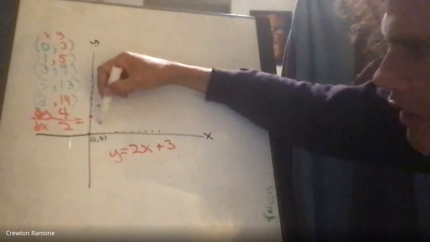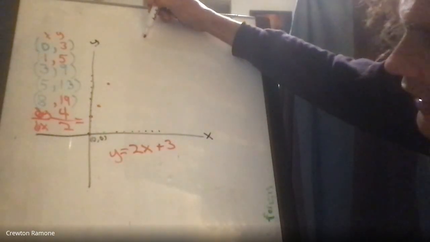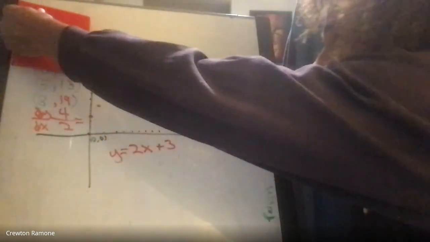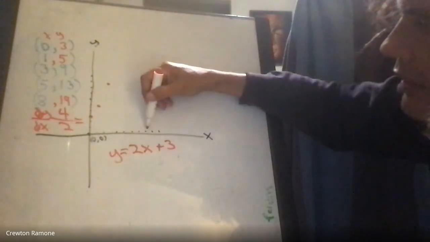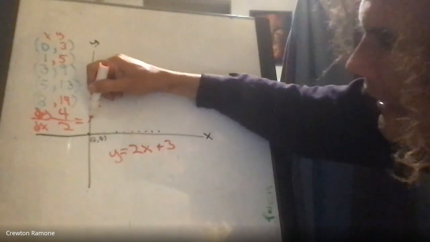If I went all the way out to 8 over here, it'd be all the way up here at 19. I'll get an idea that it should be right about there. All right, look, I can draw a line.